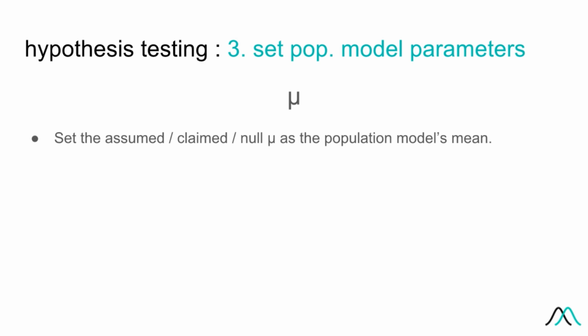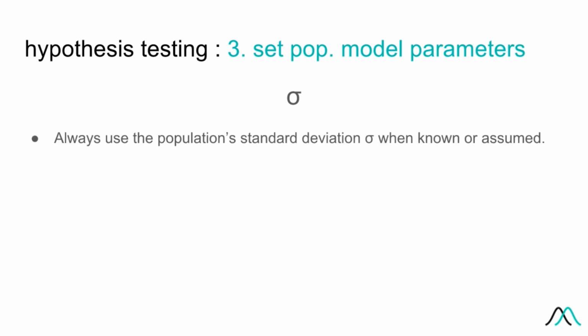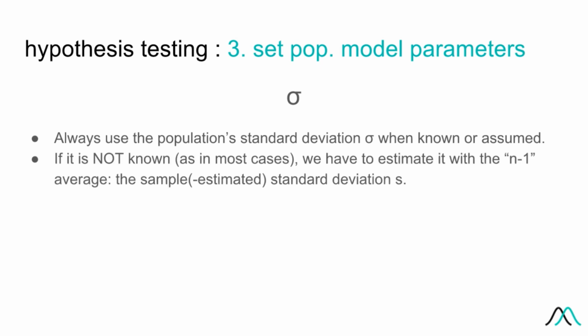With alpha and the hypotheses set, we can put together our population model with its assumed parameters. First, we set the model center to mu. Next, we need to set the population model's standard deviation parameter, sigma. As we've discussed, when we know or have a number to assume is the population's standard deviation, we use that number. But when sigma is not known, which is most cases, we have to estimate it from the sample with s.